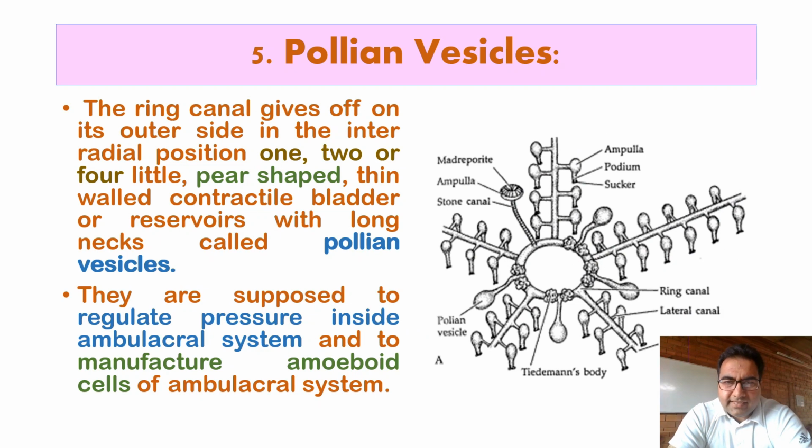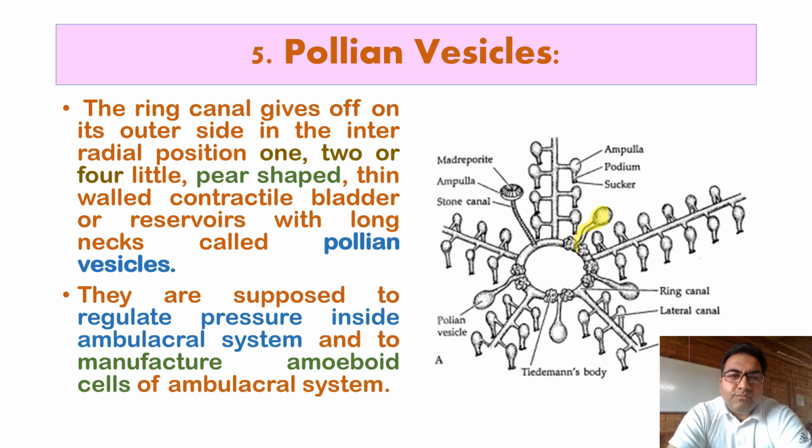Then we do have the Polian vesicles. Just like the Tiedemann's bodies, they are present on the ring canal. The ring canal gives off on the outer side, in the interradial position, one or two or four little pear-shaped, thin-walled contractile bladders or reservoirs with long necks.